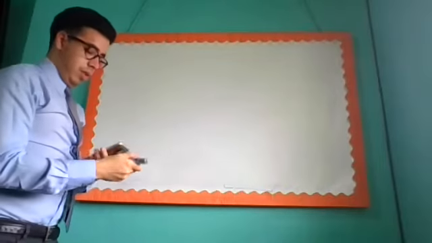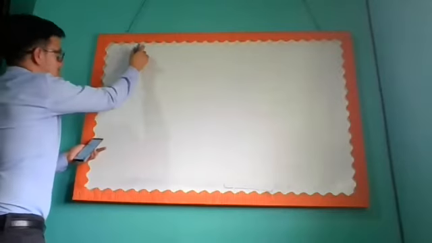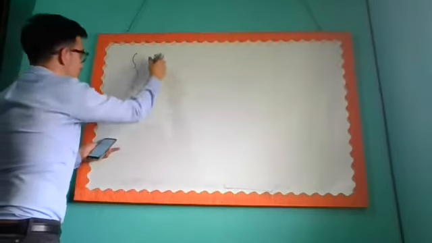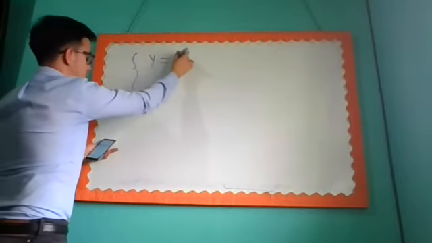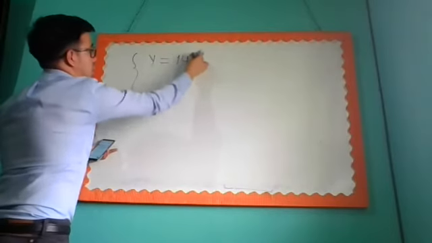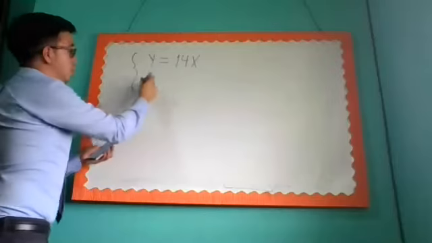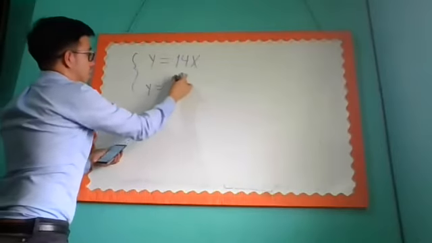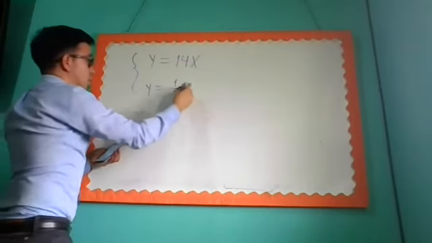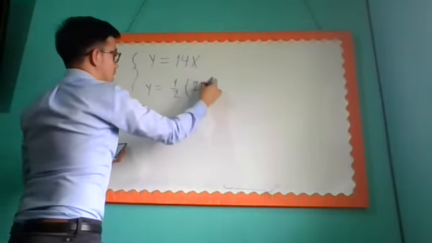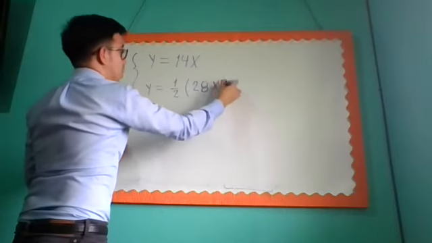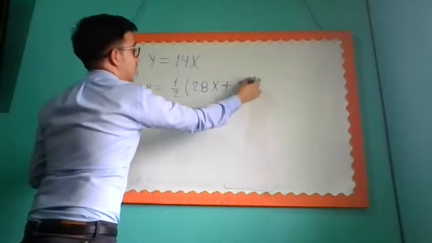We have the system of equations: y equals 14x, and the other one is y equals 1/2 multiplied by 28x plus 15.